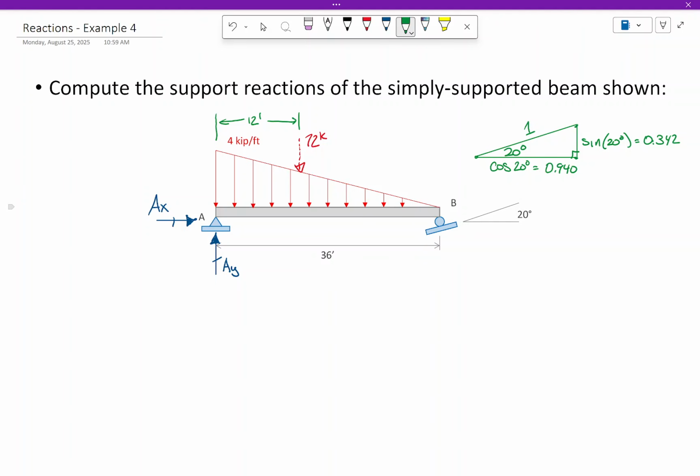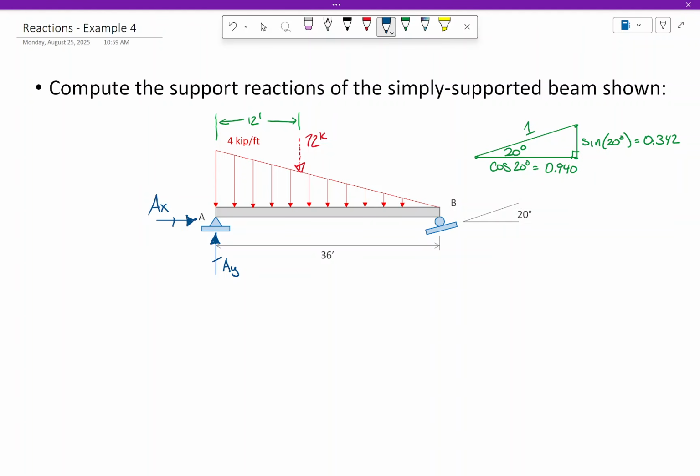let's draw our reaction at B. Now, what direction shall we assume for the reaction at B? And I'm not talking about the components, I'm talking about the reaction at B. So what are the directions that we have available to us? It's either kind of up like that or kind of down like that. It's not up and down or left and right. This is an inclined roller. So the reaction is going to be in this direction.